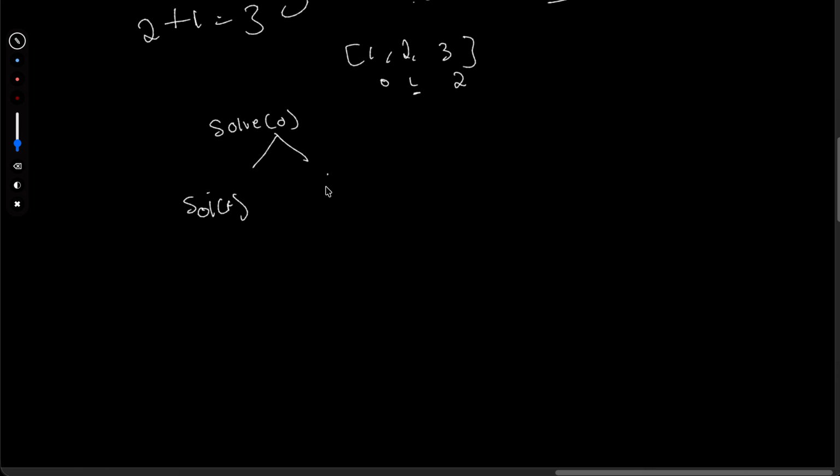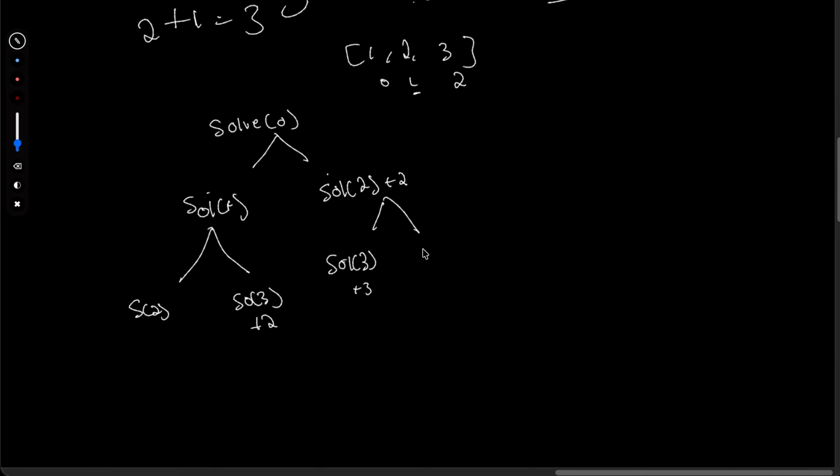If we take, we call solve of 2 plus 1. Next, each also has 2 choices: solve of 2 and solve of 3 plus 2, and solve of 3 plus 3, and solve of 4.